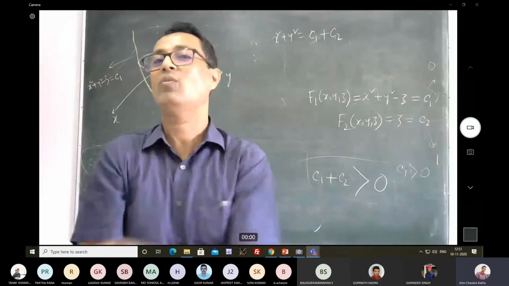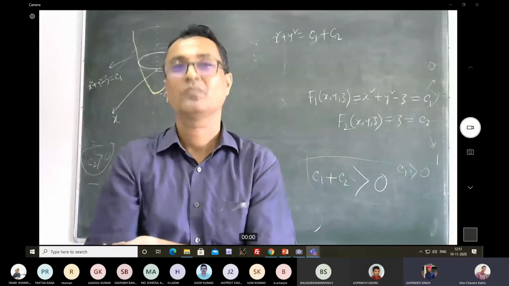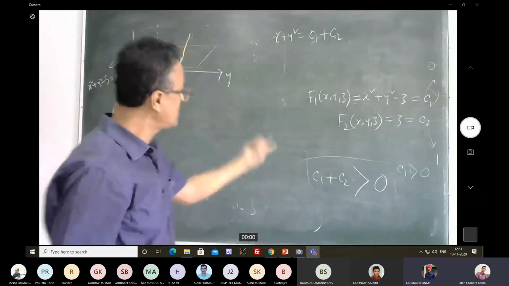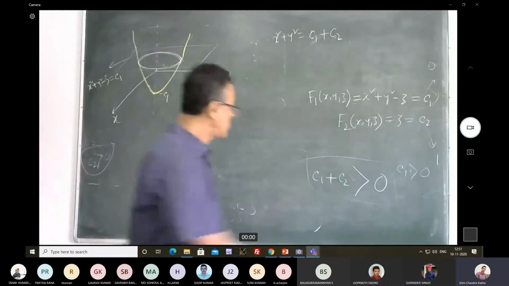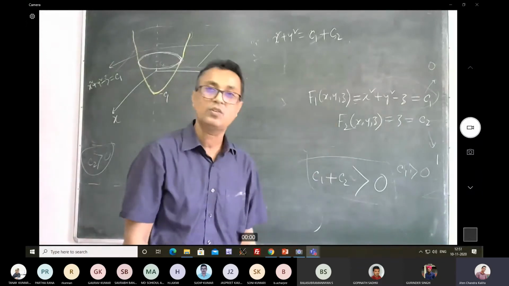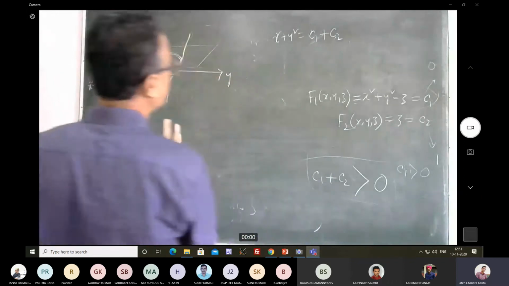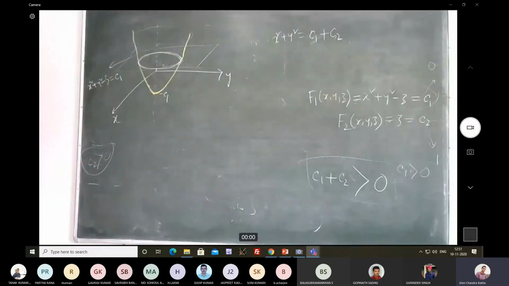Are you getting my point now? So your C1 can be negative, but it should be in such a way that C1 plus C2 is strictly greater than 0. Is it okay? Fine. So I think I'm done here, but just a minute. I'd like to bring your attention to another fact.